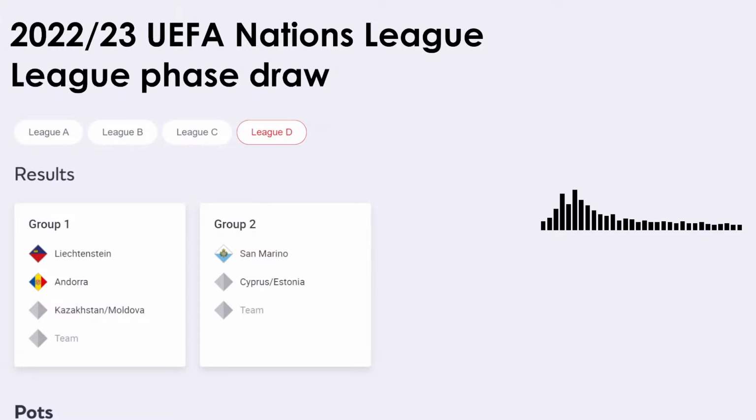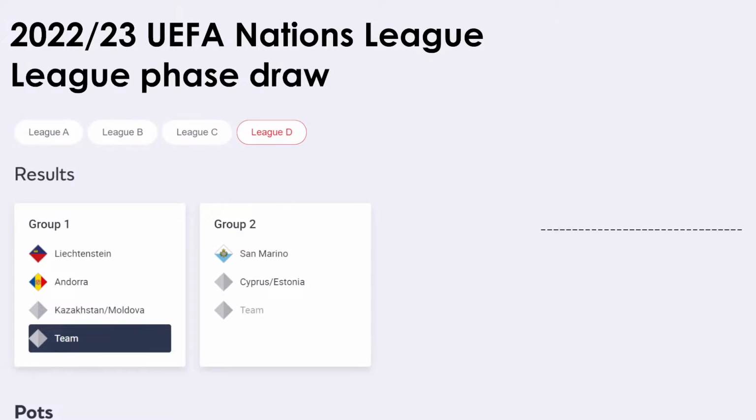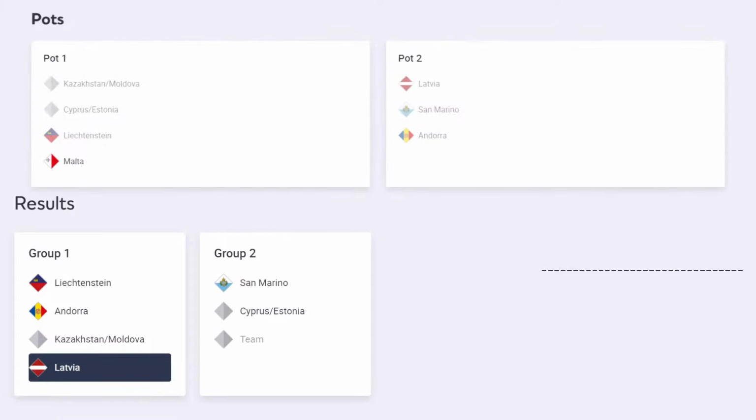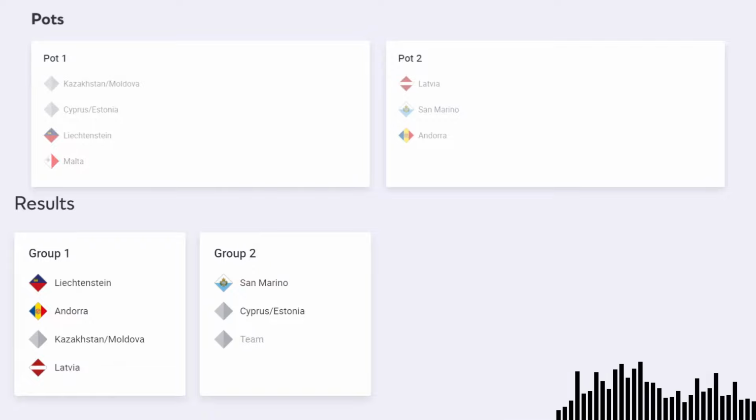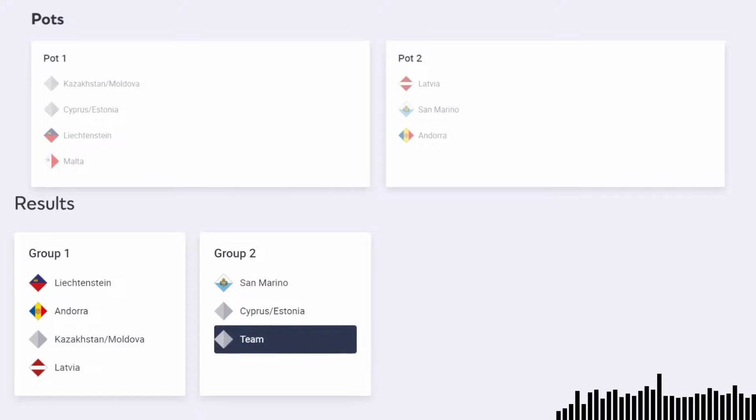In Group 1, Liechtenstein, Andorra, and in Group 2, San Marino and Cyprus or Estonia. Kazakhstan or Moldova is in Group 1, and the last two teams have been taken. So in Group 1, these are the teams: Liechtenstein, Andorra, Kazakhstan or Moldova, and Latvia. And in Group 2, San Marino, Cyprus or Estonia, and Malta.